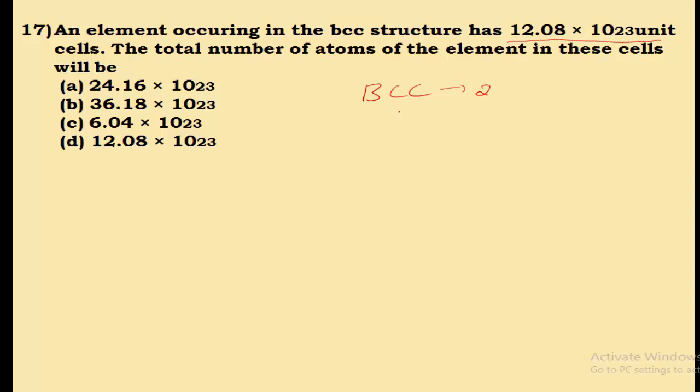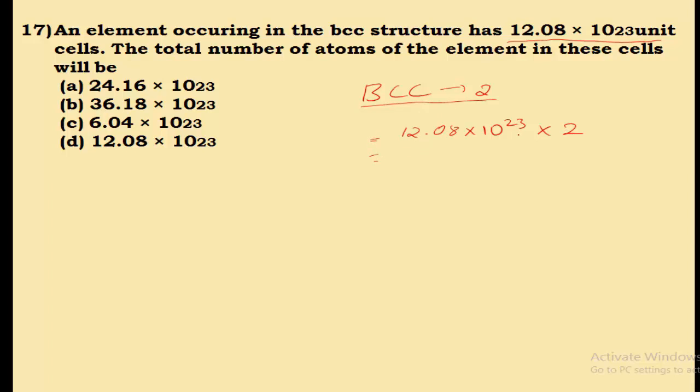So in one unit cell there are 2 particles. If there are 12.08 × 10^23 unit cells, each unit cell consists of 2 atoms, so simply multiply that by 2, then you will get the answer.